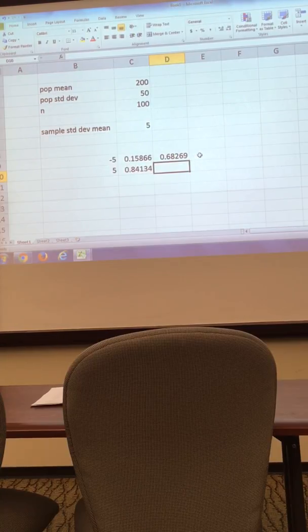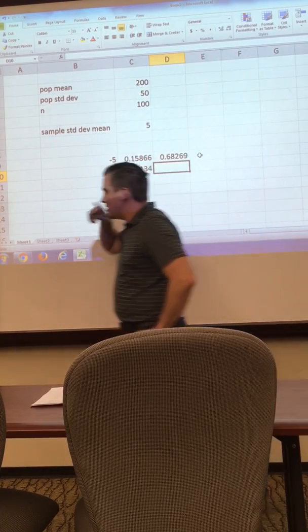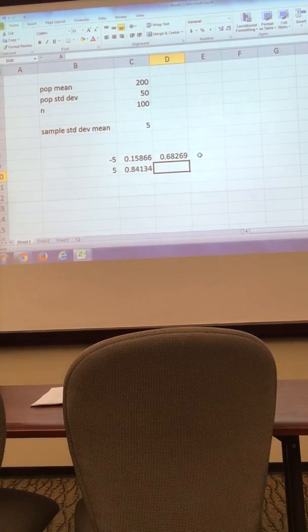So, 1 standard deviation, and again, what does our norm.dist give us? Our norm.dist gives us the area to the left of our point. So the first one, our lower tail, for 200 minus 5, or 195, 0.158 is this area here.